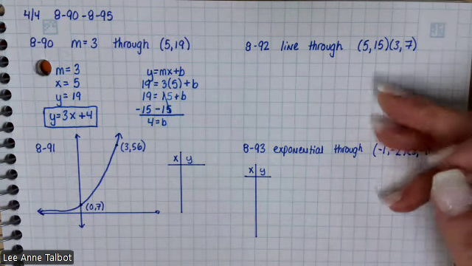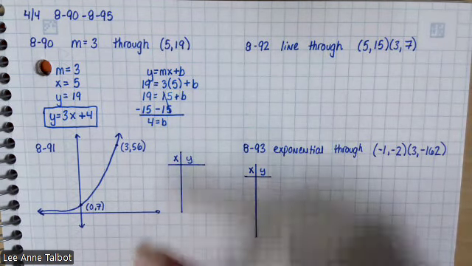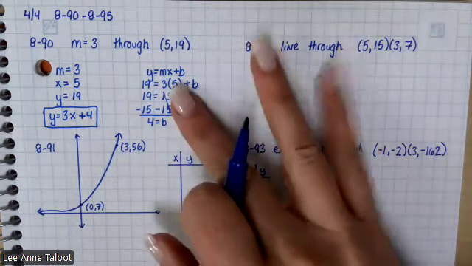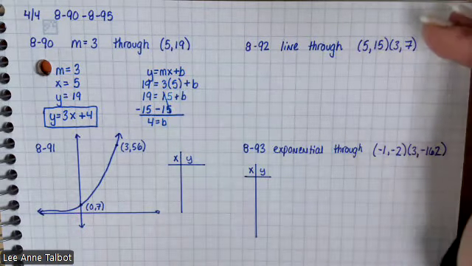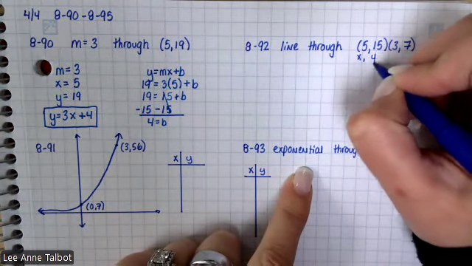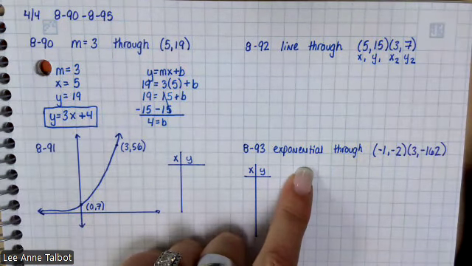Okay, now we're going to do number 92. I know it's strange not to do 91 first, but out of the problems 90 through 95, 90 and 92 are both lines. So I want to do this again. X1, Y1, X2, Y2.